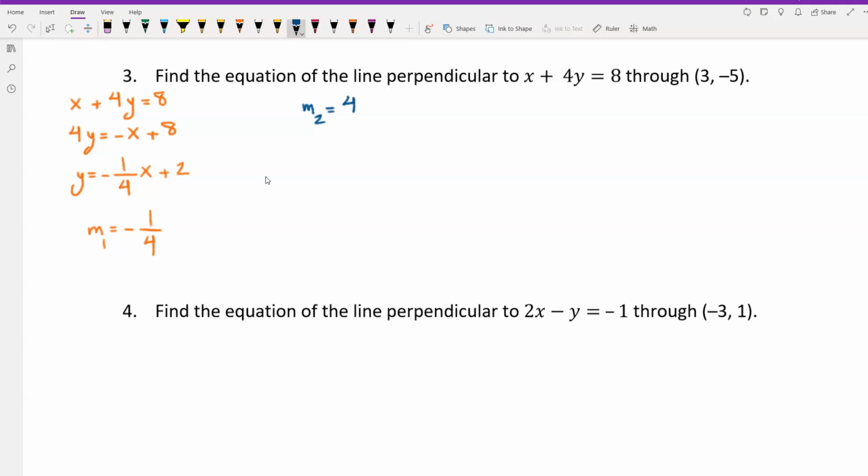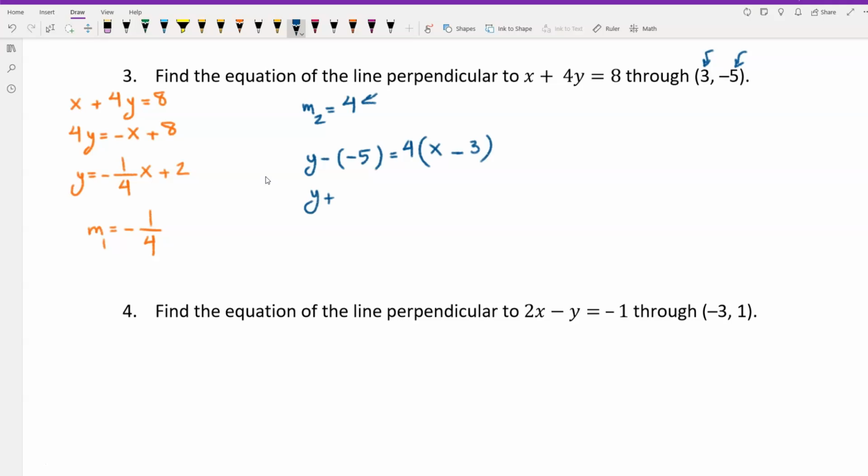So the slope of the second line is +4, and then finding our equation, y minus y1, which is -5, is equal to our slope for the second line, +4, times x minus x1, which is this number.